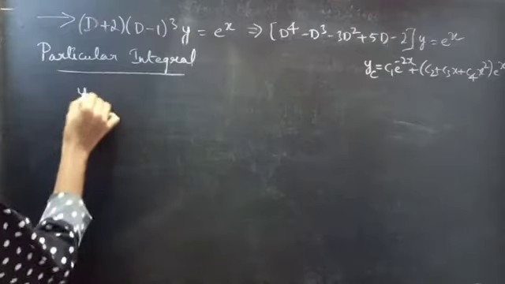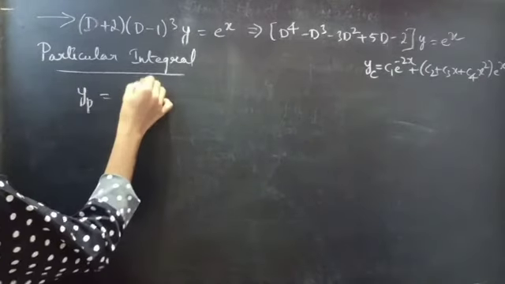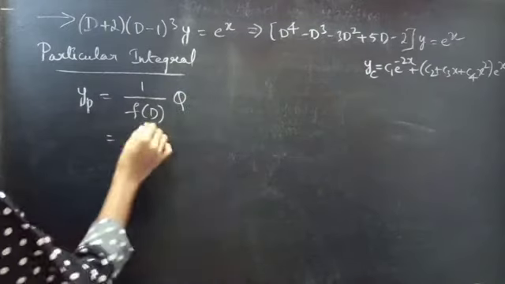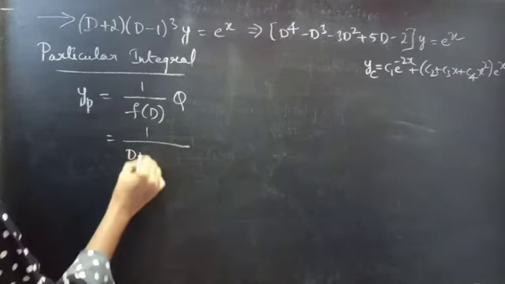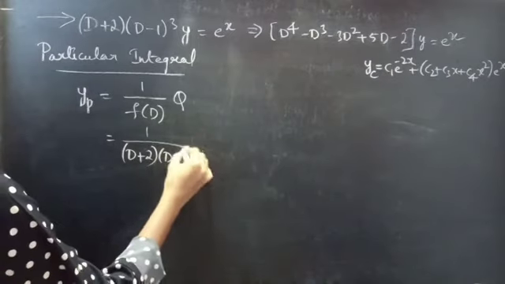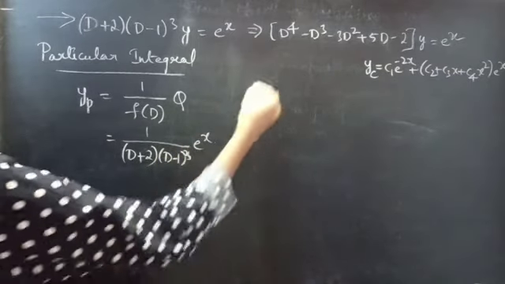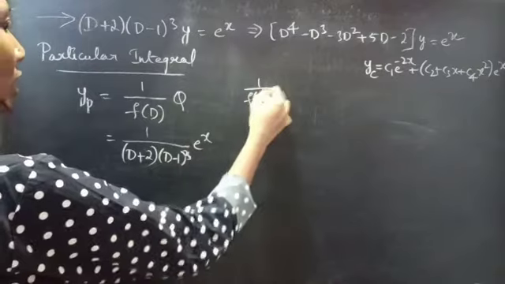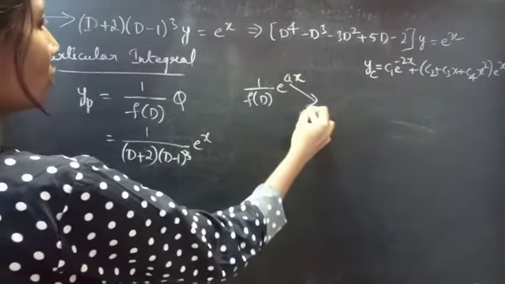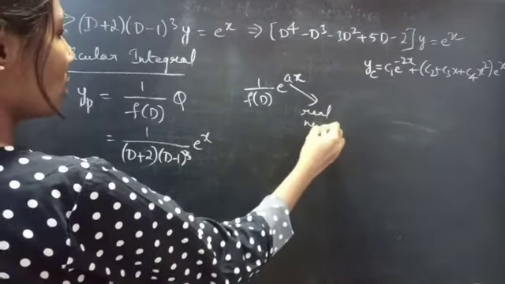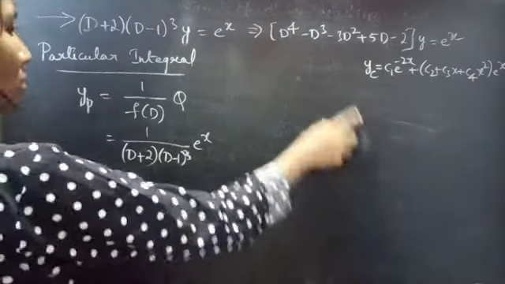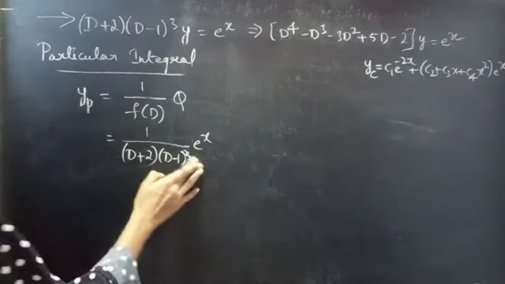We know that the particular integral is given by yp equals to 1 by f of d into q, which is equals to, we have f of d, d plus 2 into d minus 1 whole cube into q e power x. So here we are having 1 by f of d into e power ax form, where a is a real number, right?